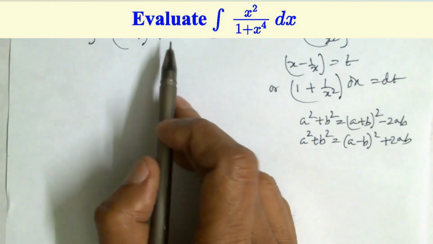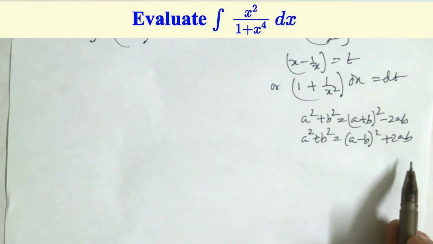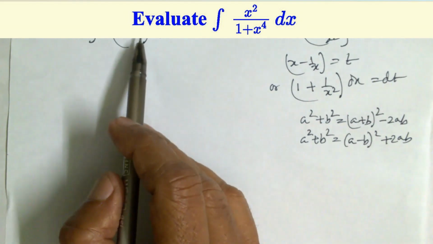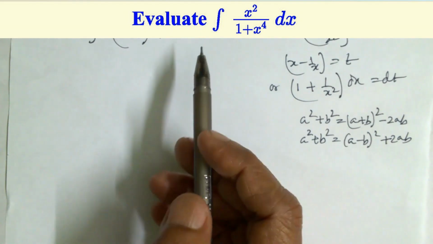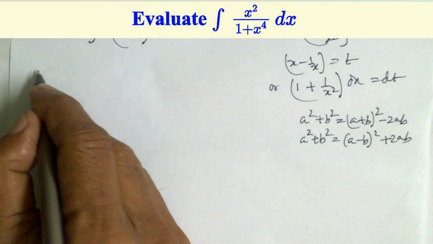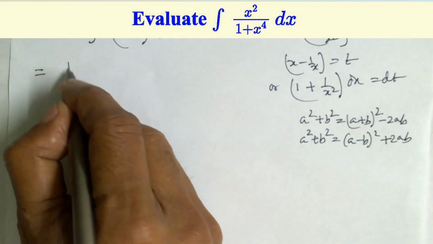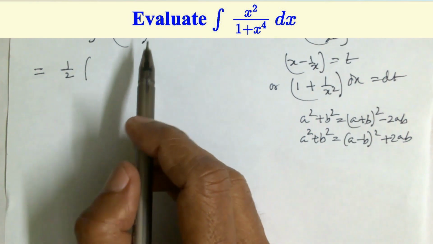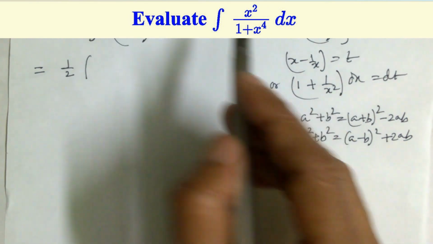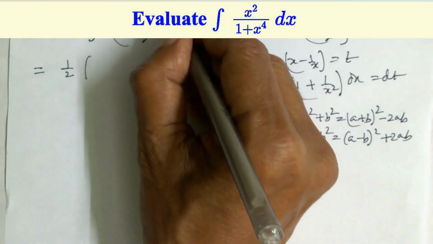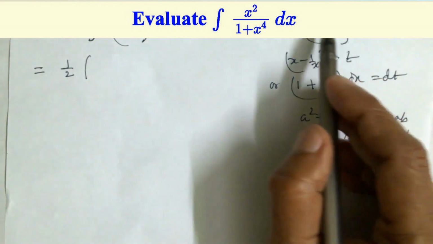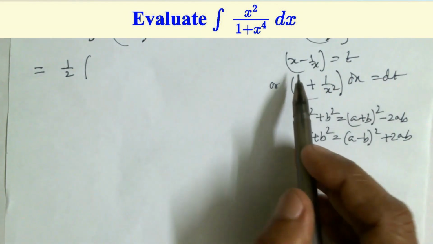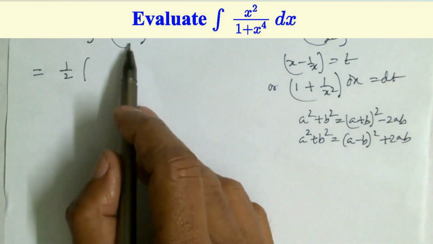Simply we have written 2, not the ab terms here. Here see a is x, b is 1 by x. X will get cancelled, we need not write. Next thing, half integration dx. Here also we should write dx. Now substitute x plus 1 by x, x minus 1 by x, here t.